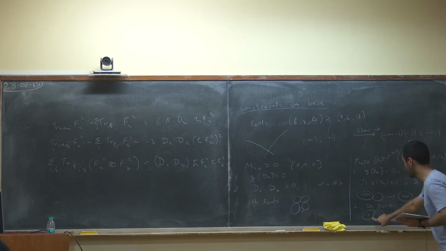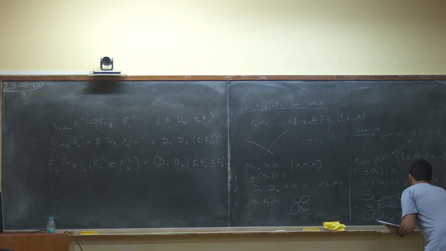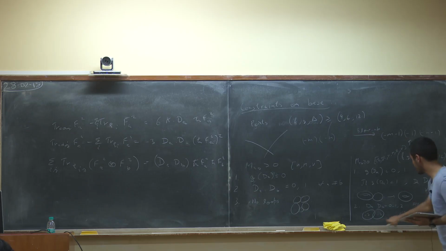So by this I mean 2 intersection points, a -4 intersecting in 2 points at -1, or these curves can intersect tangentially, which will count as an intersection of order 2. So they can intersect something like this. By this I mean tangential intersection. So these are the only allowed possibilities when dA.dB is 2.